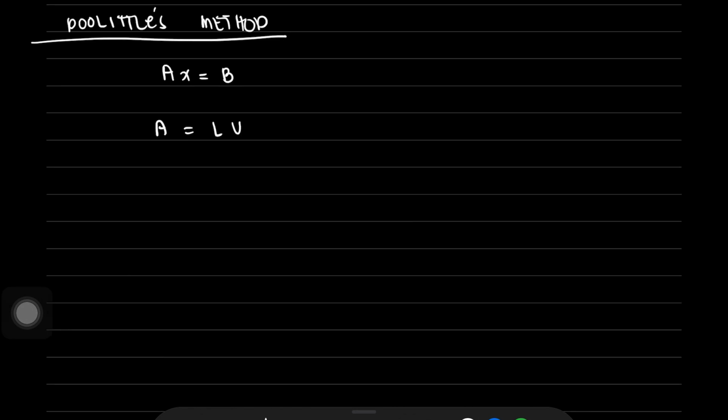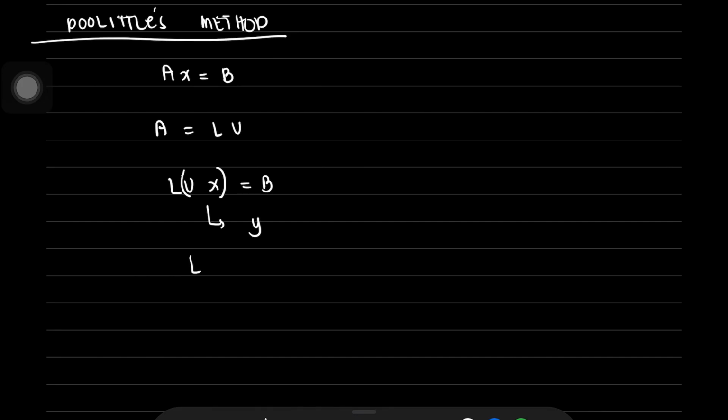Now you might be asking, how can we solve for the value of x if we're going to solve for L and U? If we substitute L and U in the given expression, we have L multiplied by U times x equal to b. If we let U multiplied by x be equal to y, we now have L multiplied by y equal to b.